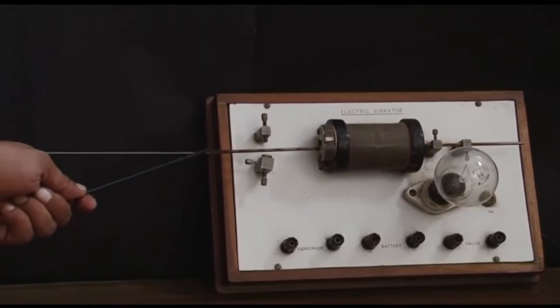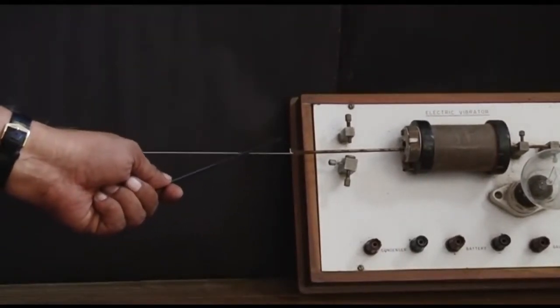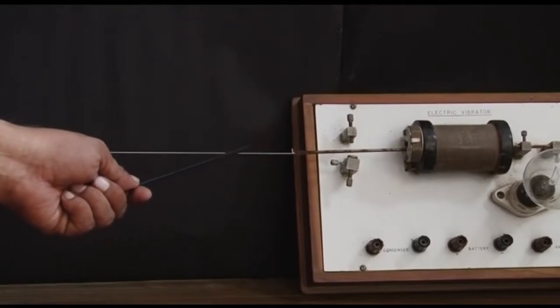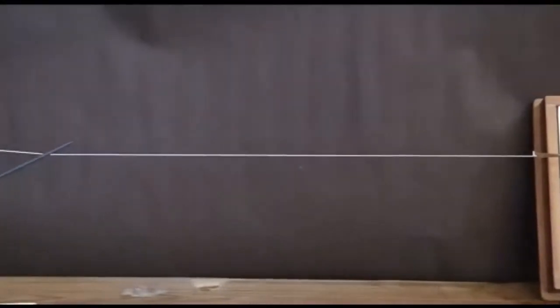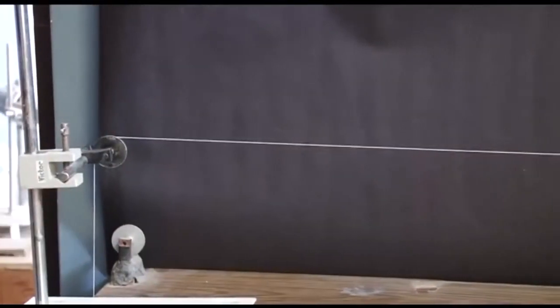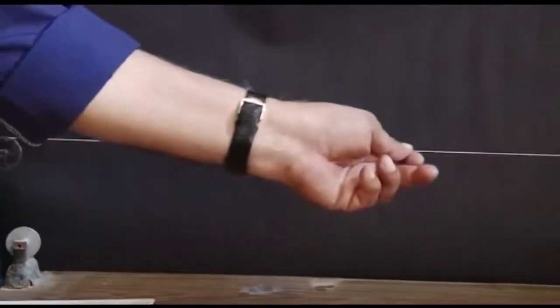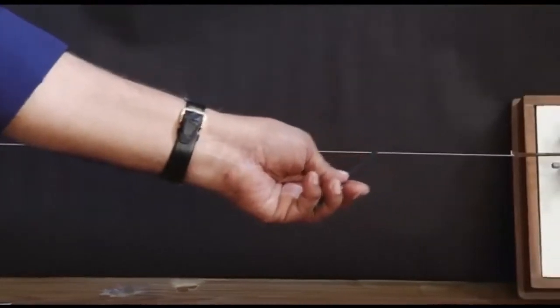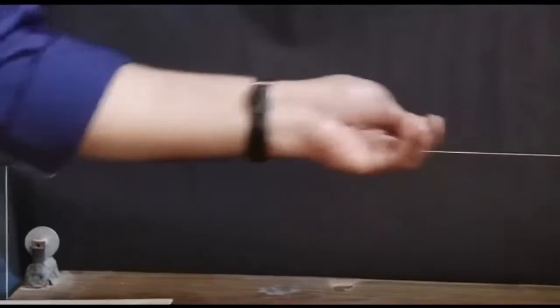When this rod vibrates with a very small amplitude, in fact you will not be able to see it, that sends waves on this string, and on the other side this string goes over this pulley, and then some weights are there on the other side, and this is under some tension. So, that wave goes here, reflects from the pulley, and then the two interfere to give you standing waves.